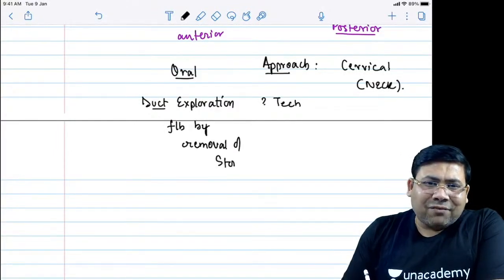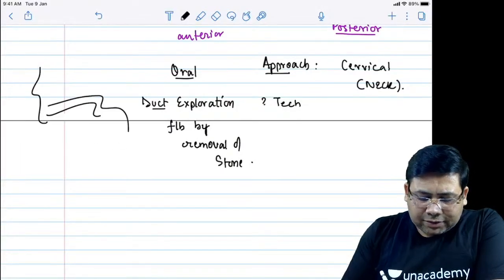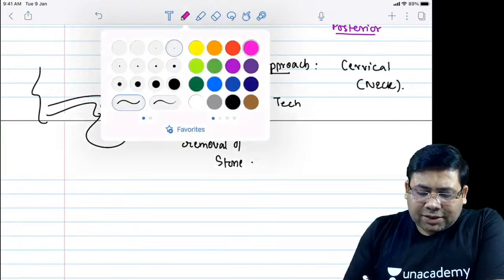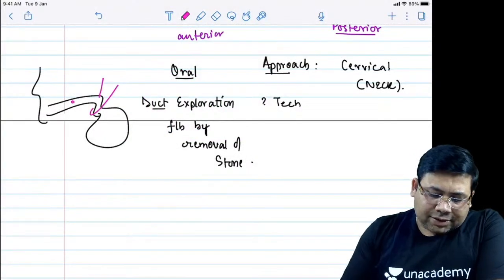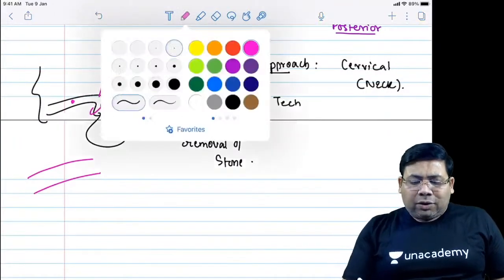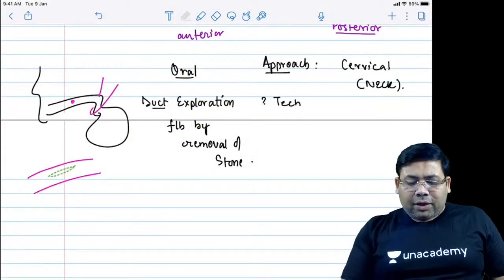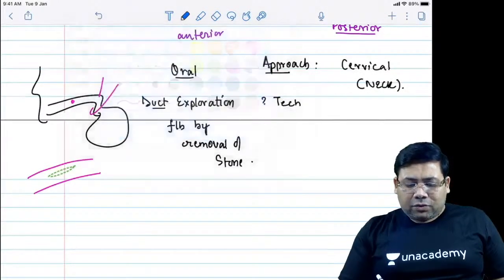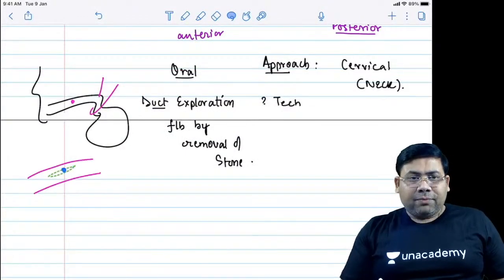This is a very easy thing. Try to understand the scenario like this. If this is the place where the duct with the nerve is, and this is the stone, you are going to explore the duct, a ductotomy. And imagine if this is the stone, you will simply take it out.